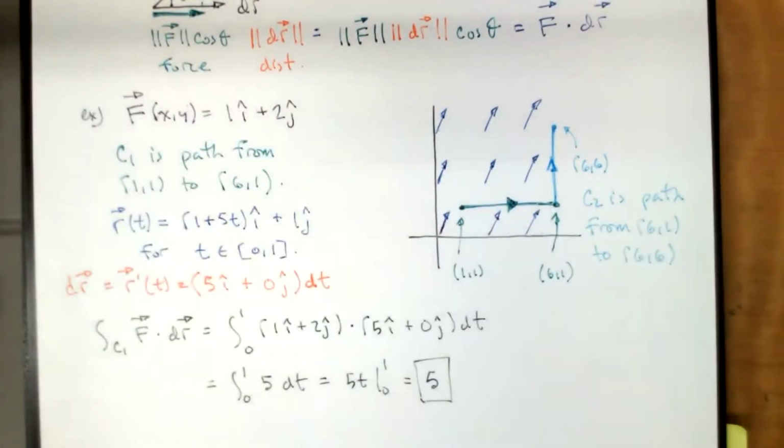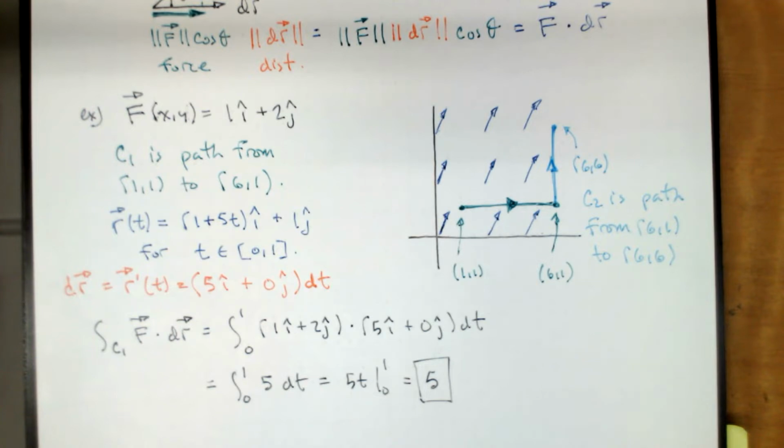Let's define a new path. C2 will be the path from 6,1 to 6,6. Let's predict what should happen. Come up with some expectation and then do the calculation to see if we confirm our expectation. Notice in the previous problem, with path C1, I got away with multiplying the distance by the force in that direction.